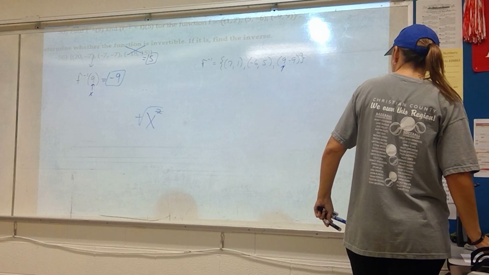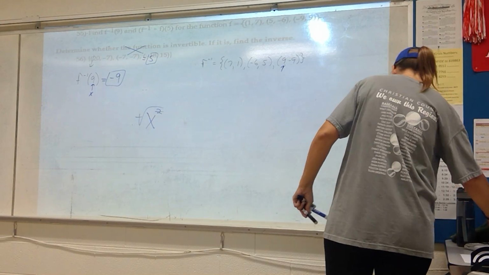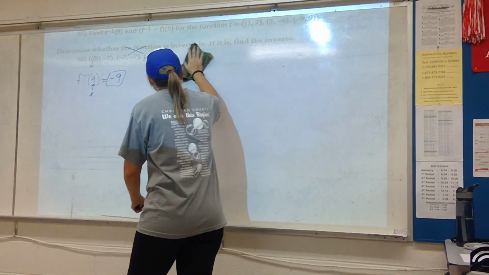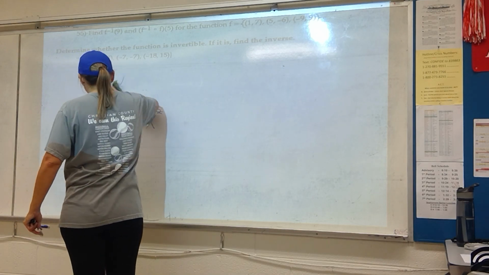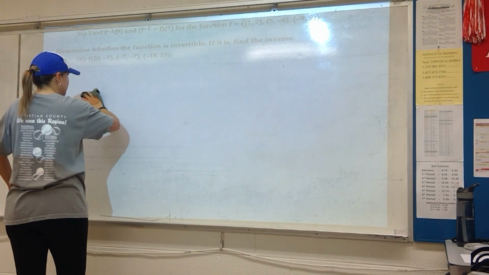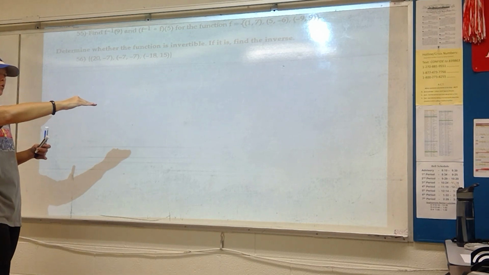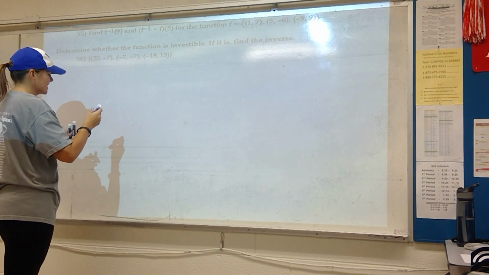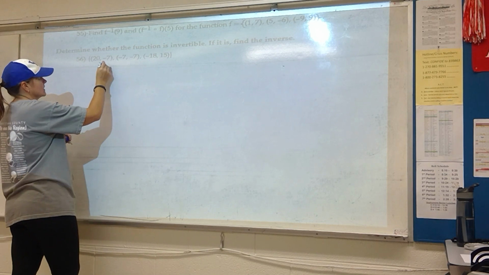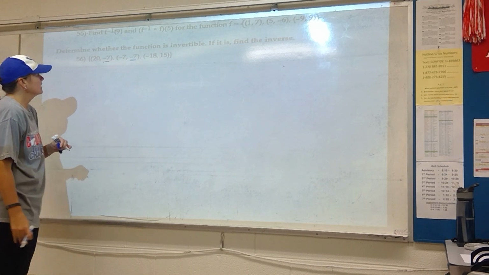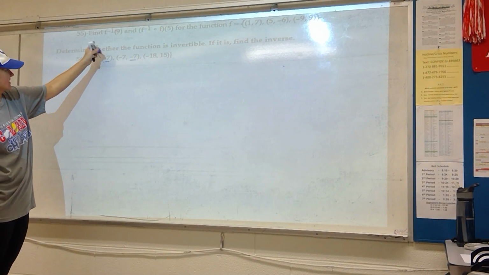56. Determine whether the function is invertible. That means, does it have an inverse? If it is, find your inverse. Now, you could graph it and do the horizontal line test. Ain't nobody got time for that. Let's just check to see if any y's repeat more than once. Look right here. Your boy, negative 7, is seeing 2 different y's.